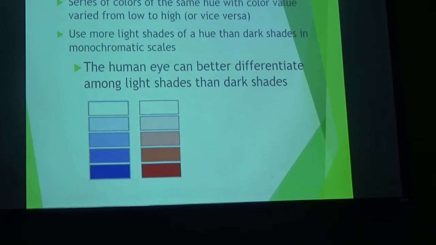Monochromatic. This is perfect for increasing or decreasing values when I have so-called interval data. Like income.